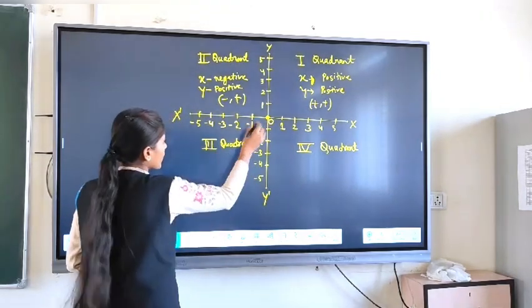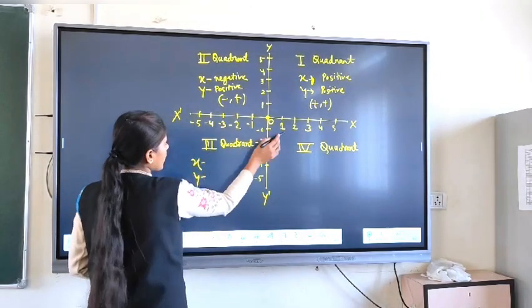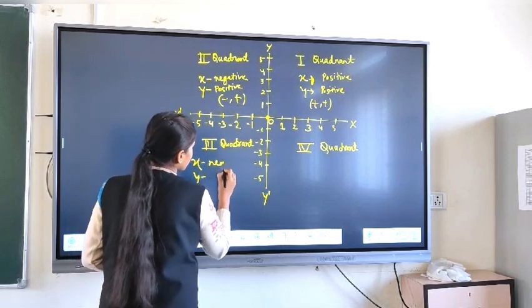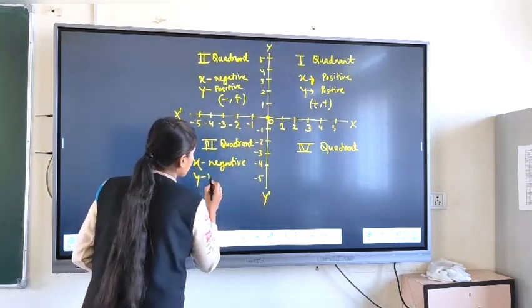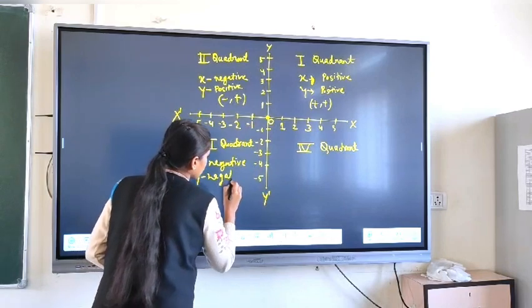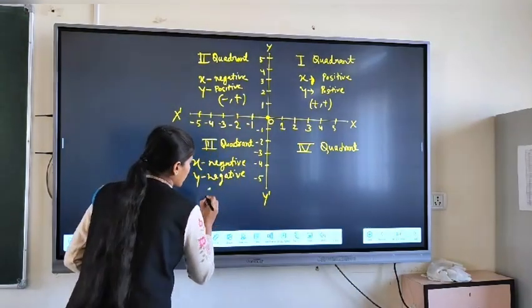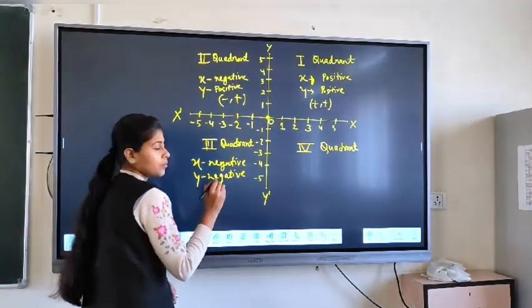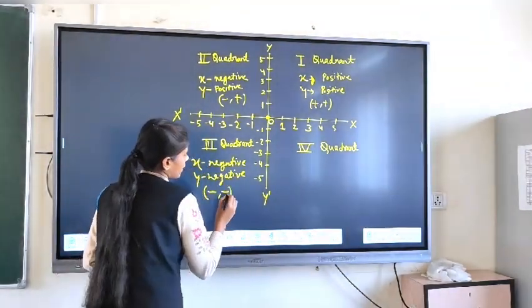Now for the third quadrant, x is negative and y is also negative. So what is the sign for third quadrant? Remember, we always write x coordinate first, so minus, minus.